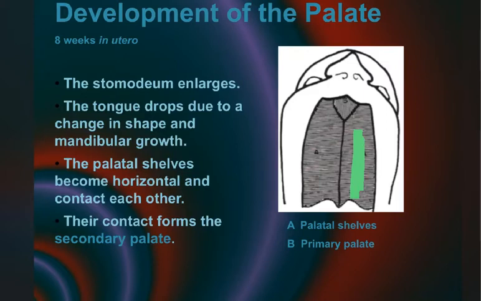This is lateral palatal shelf. Together, they are called secondary palate. This is primary palate. The fusion, of course, takes place between each lateral palatal shelf and the primary palate, then the two lateral palatal shelves fuse together after their contact, anterior to posterior, like a zipper.